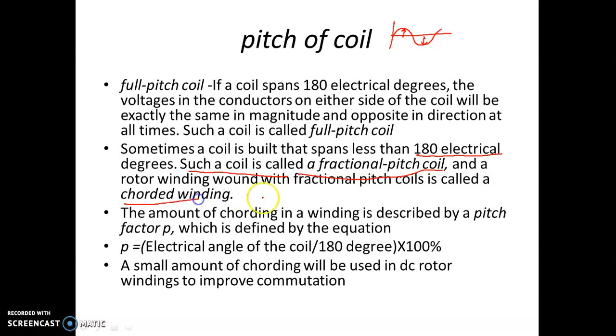So short pitch, chorded winding, fractional winding. If the angle is not equal to 180 degree, it is less than 180 degree, then it is called fractional pitch. If it is 180 degree, it is called a full pitch coil or one span.